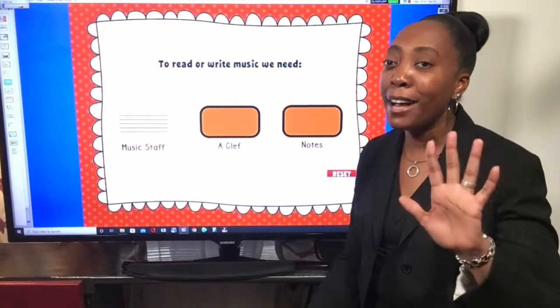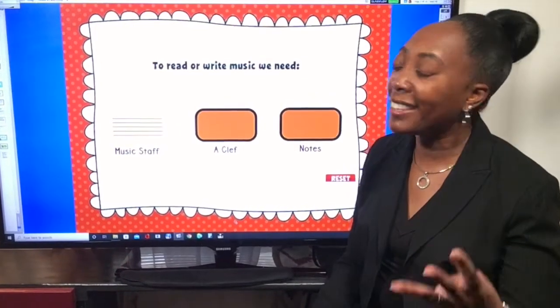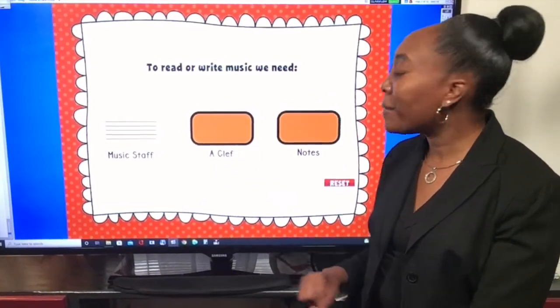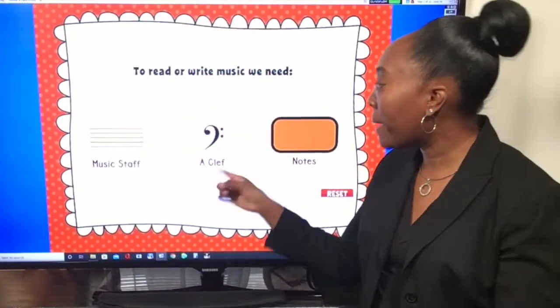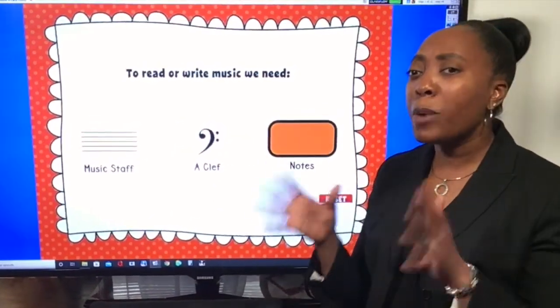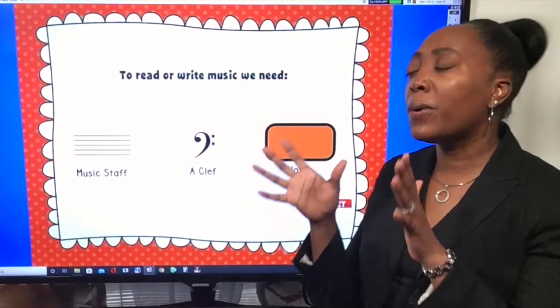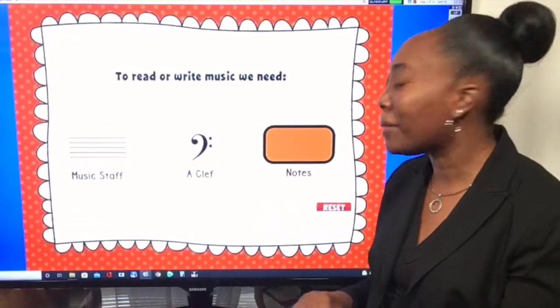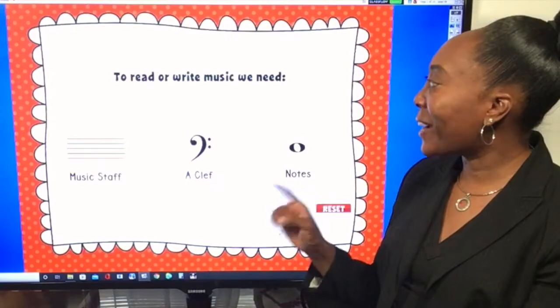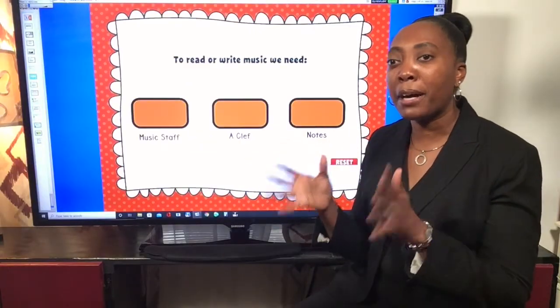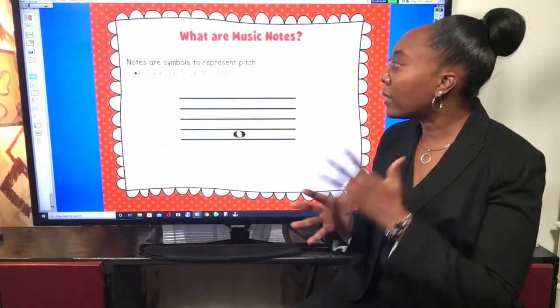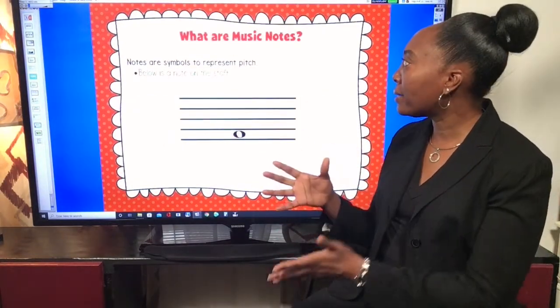That's right, 5 lines, 4 spaces. And we need a clef, and in this case, we're talking about the bass clef. And what else do we need? Oh, that's right, we're going to need some notes. Good job. So now we're going to put all of this together, almost like a little puzzle, and really start to learn more about the bass clef.